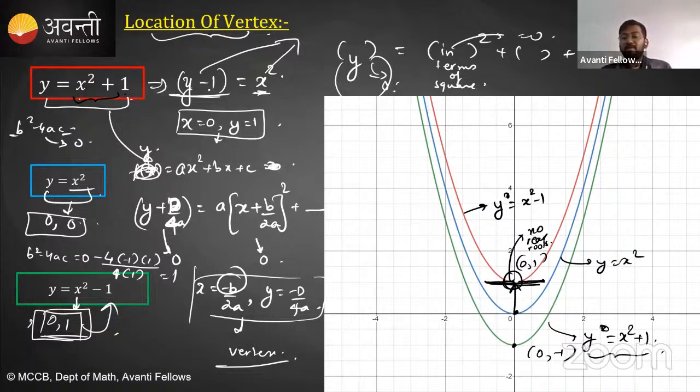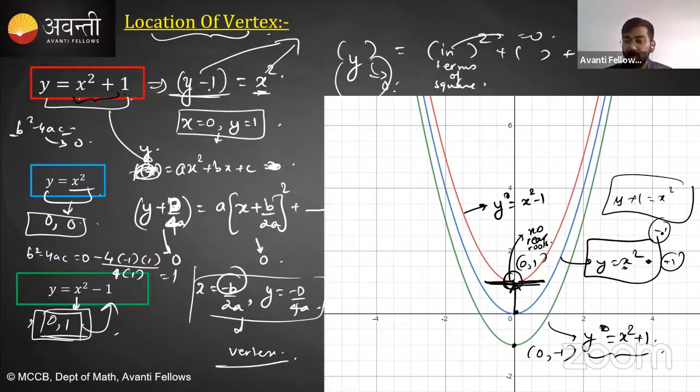And by general understanding of graphs, we can say, when you do plus 1, the graph will shift below. When you do minus 1, the graph will shift above, because for that same x value, you get y plus 1, right?